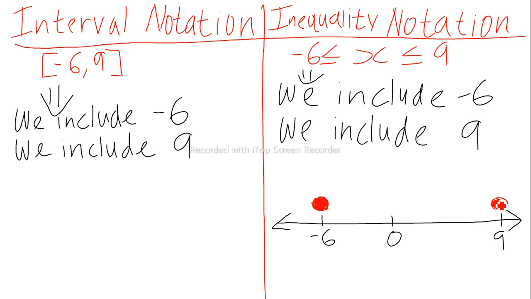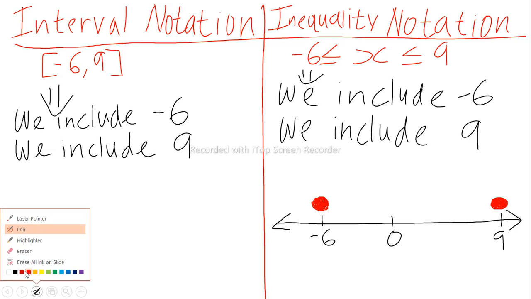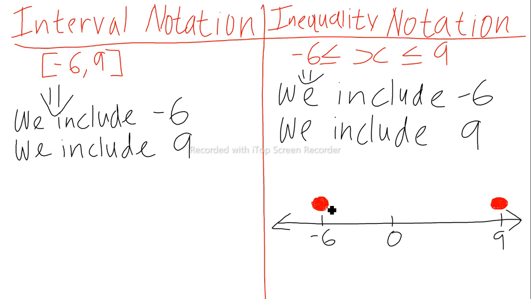So -6 is shaded in, and +9 is shaded in. The next thing we're going to do is put a line in between them, like so. Great, and that's how we do it.